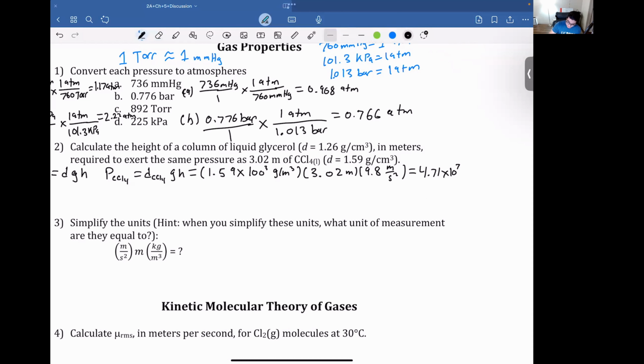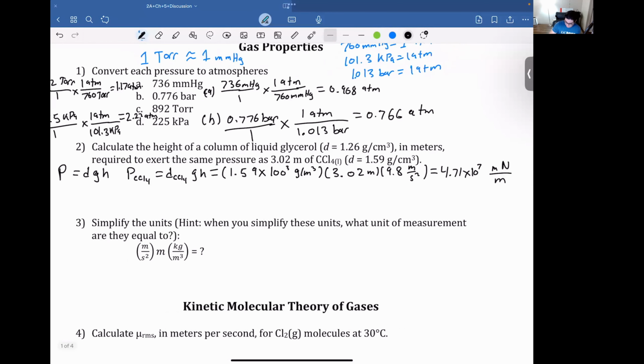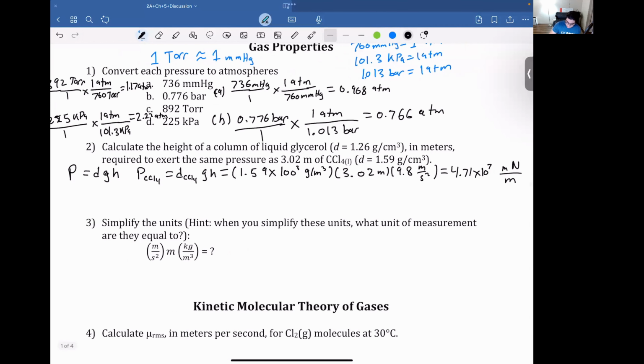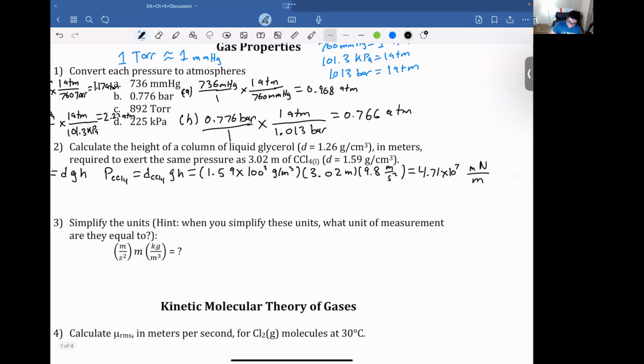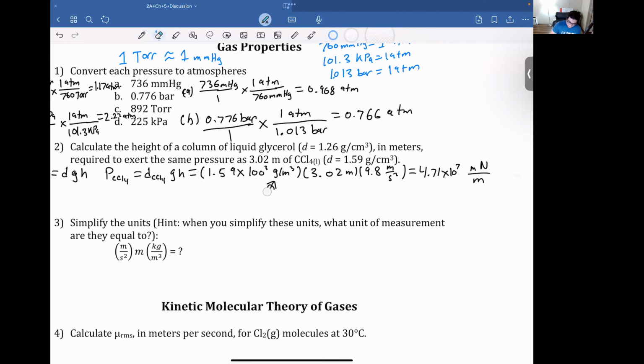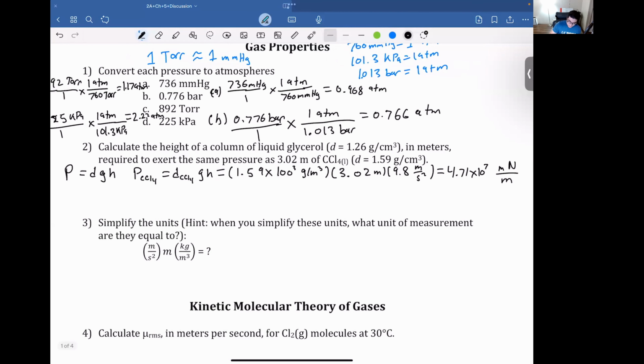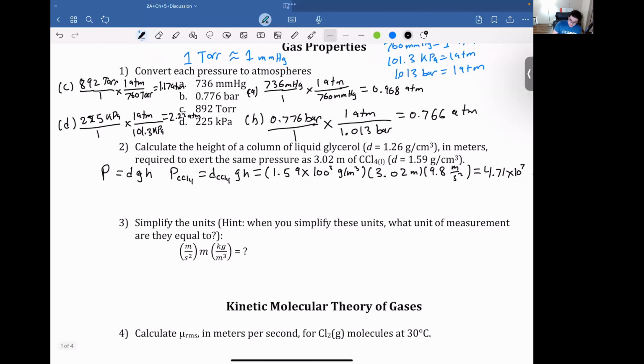So this is actually in millinewtons per meter squared. You don't have to keep track of the units, but it can be nice. So if you wanted this in pascals, you'd have to make sure this is in kilograms. Okay. Then we go ahead and plug this in because we know that the pressures are the same.